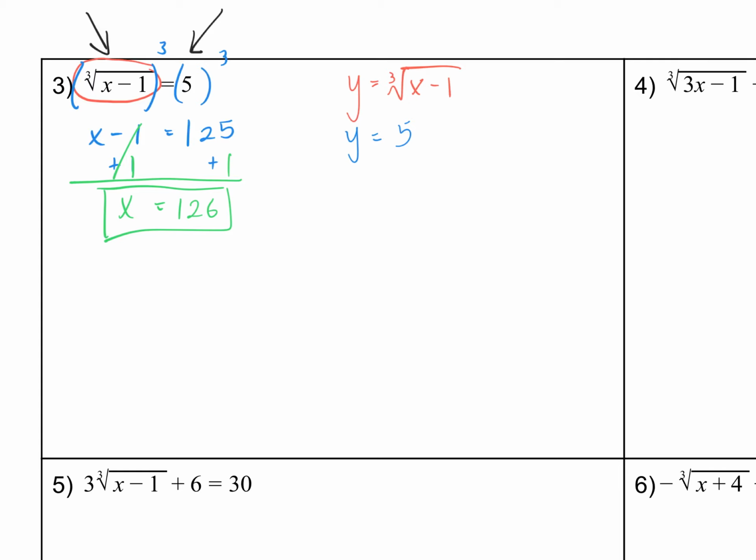And if we go to our graphing calculator and we graph it, depending on your window, it might look slightly different. Well, I know what y equals 5 looks like. Y equals 5 is going to be some kind of horizontal line that goes through 5 on the y-axis.